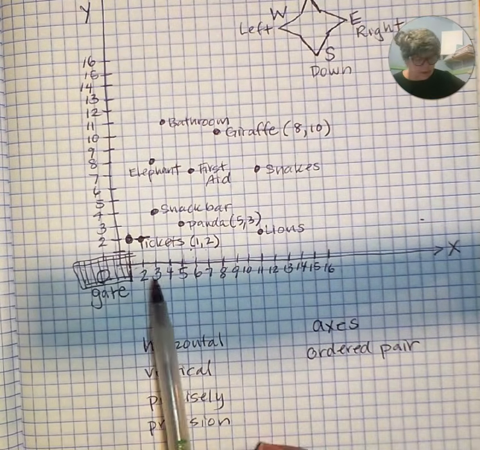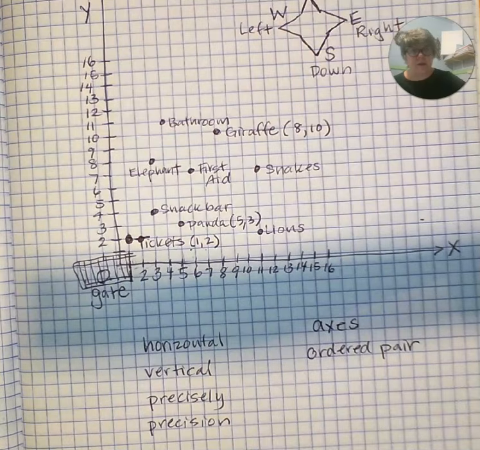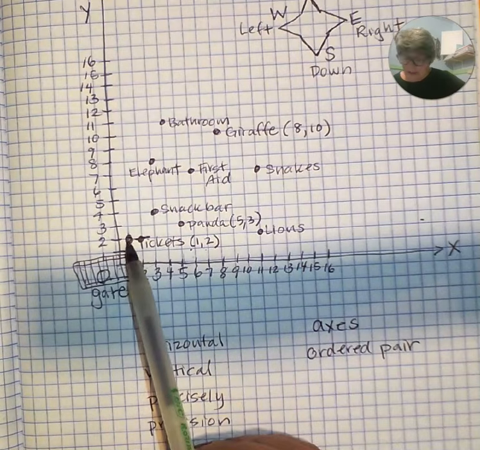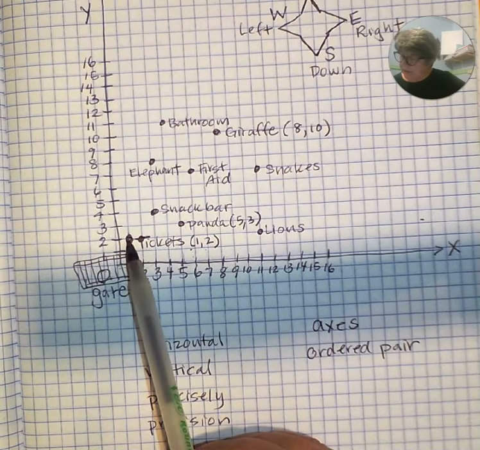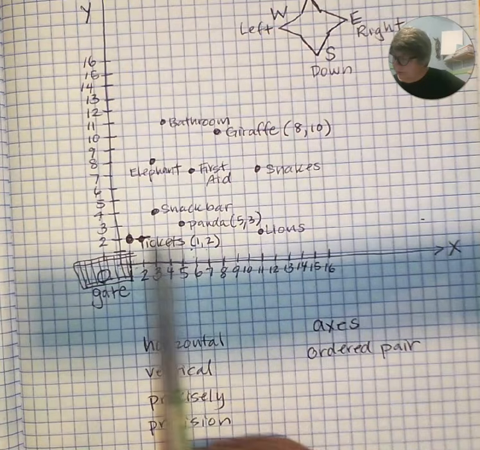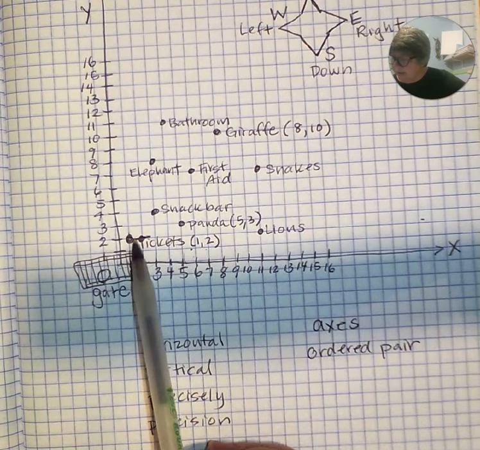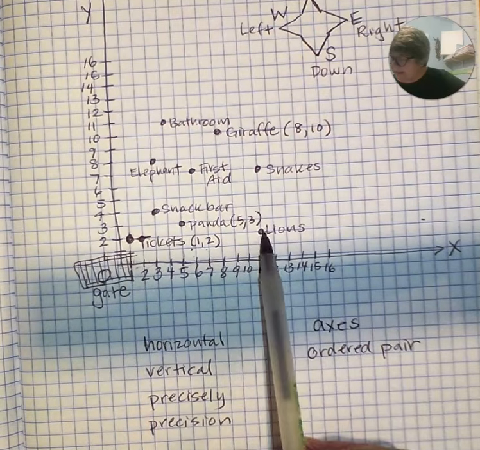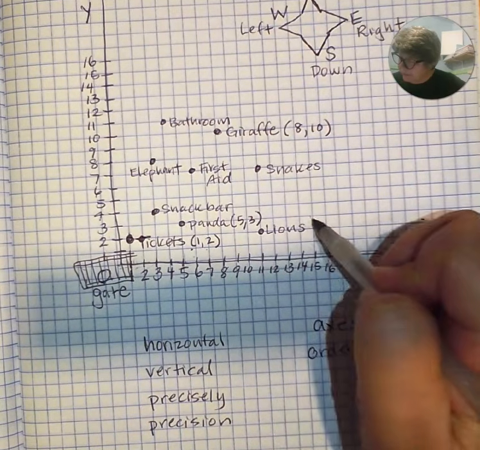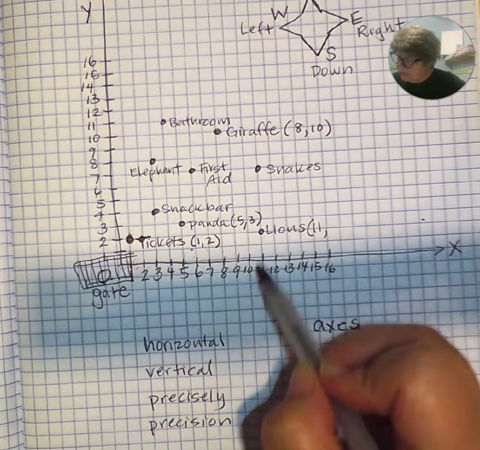And so now we're going to go between 2 things, not always from the origin to another one, but between 2 different places. So if we're at the ticket stand and we want to go to the lions, we can just go 10 that way, right? Because ticket stand is at x is 1, and the lions is x is 11, and the y is 2.